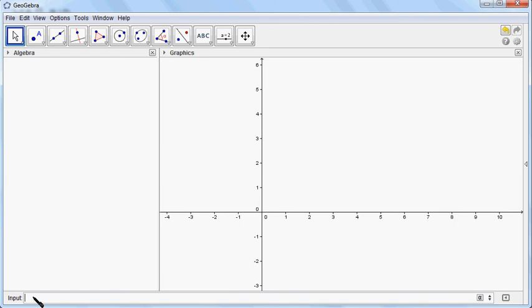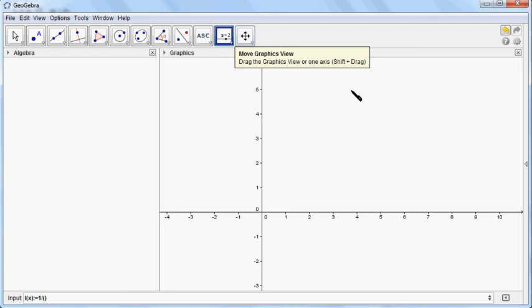I of x, colon equals, to define the function, is 1 over d squared. Actually, we have to define d first. I'm going to use something called a slider, so that we can change these values later.